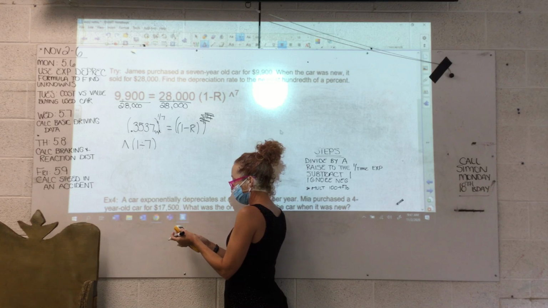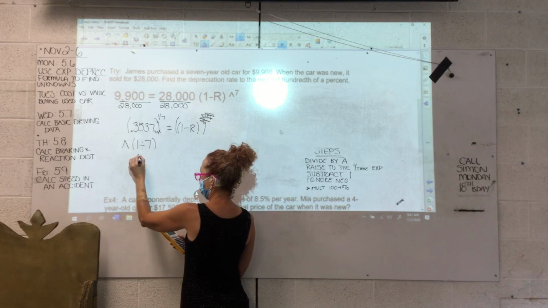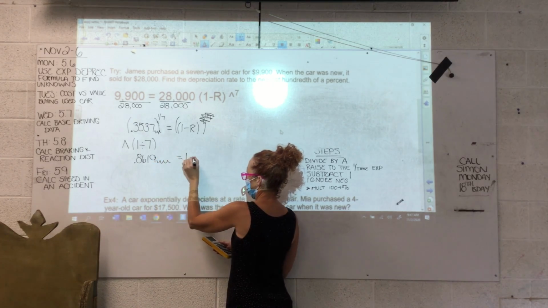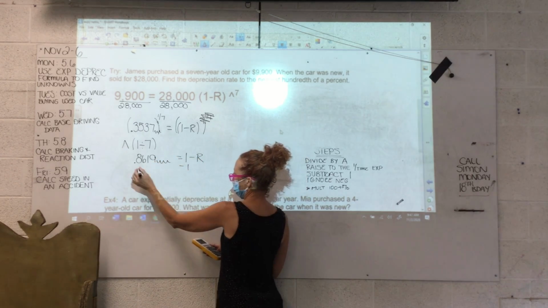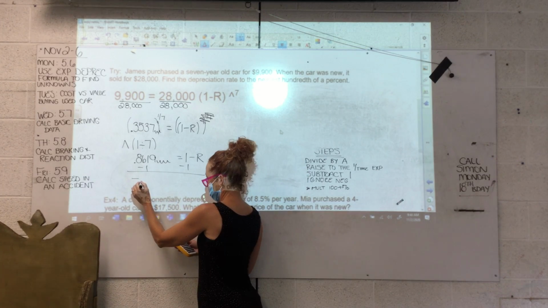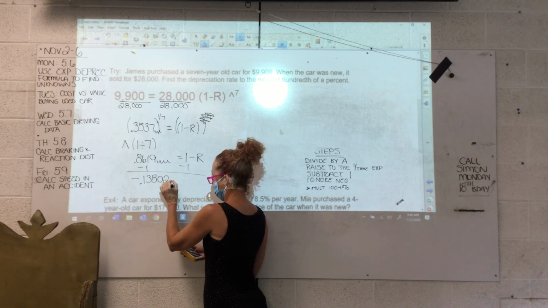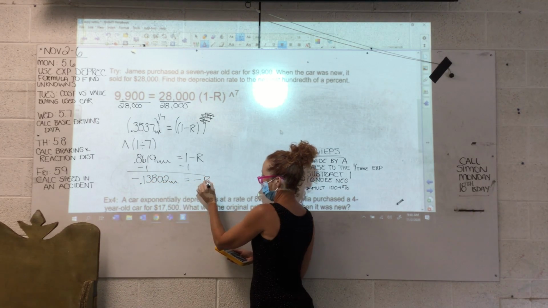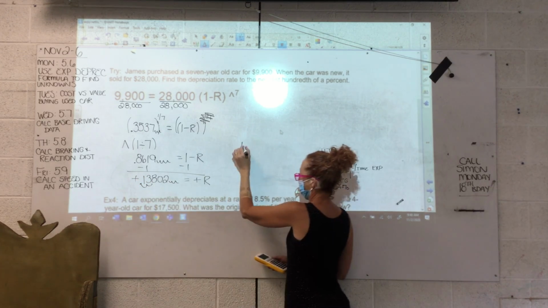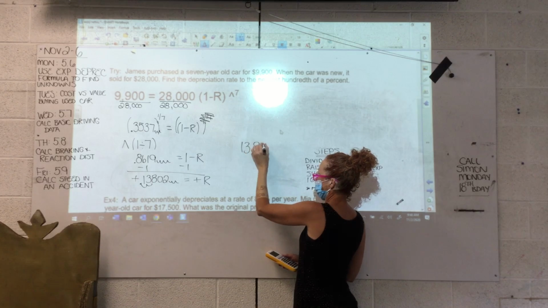Now you're going to get 0.8619, and so on, equals 1 minus r. Subtract 1, and now you're going to get a negative 0.13802, and so on, and it equals a negative r. So ignore the negative. If you multiply by 100, it will change it to a percentage for you.